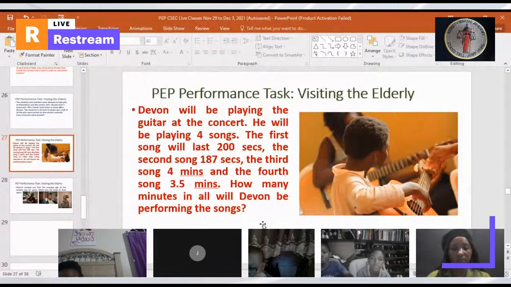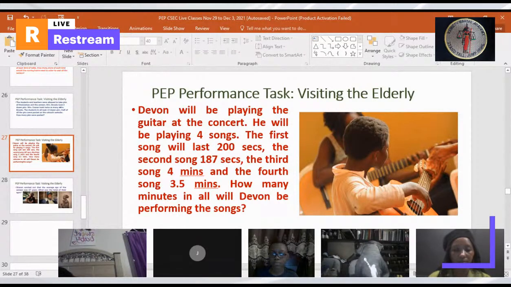Visiting the elderly. Devon will be playing the guitar at the concert. He will be playing 4 songs. The first song will last 200 seconds. The second song, 187 seconds. The third song, 4 minutes. And the fourth song, 3.5 minutes. How many minutes in all will Devon be performing the songs?